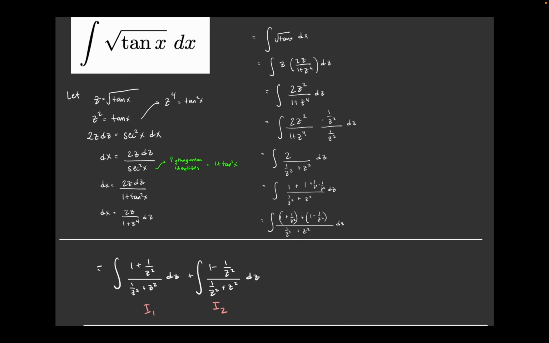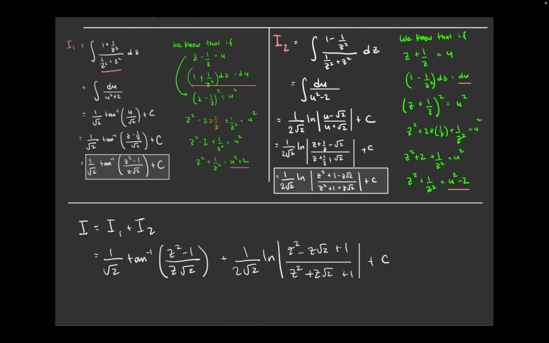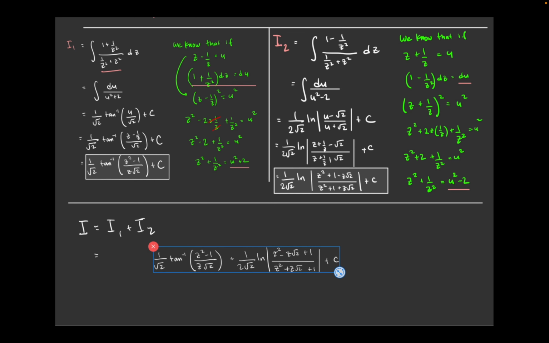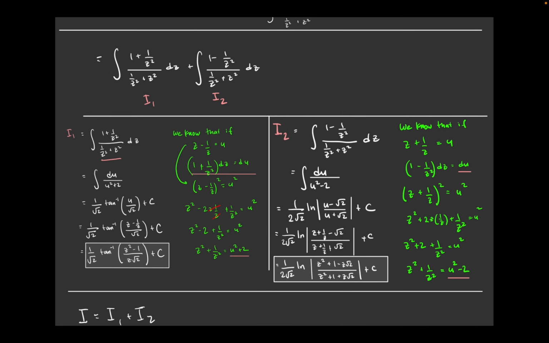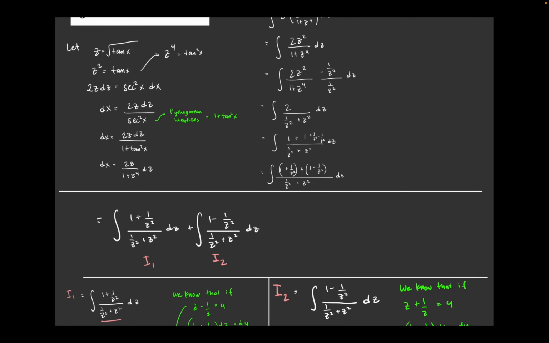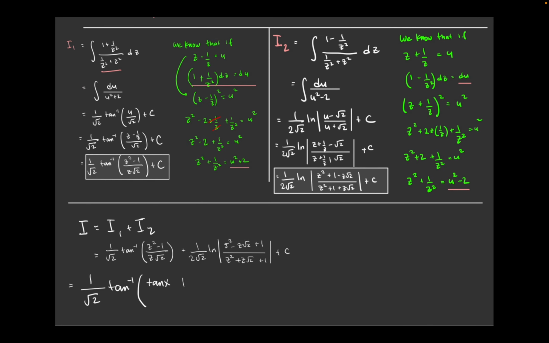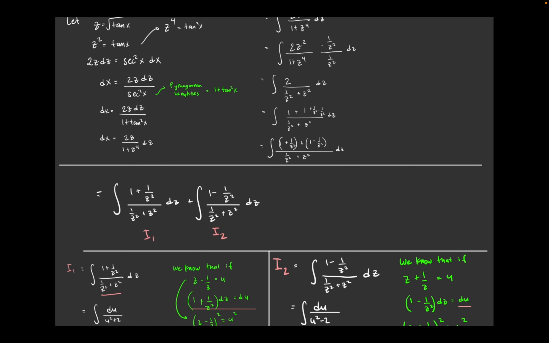No? Since z natin is square root of tan x, clearly, meron tayong form, may sagot tayo dito, which is 1 over square root of 2 arctangent of tangent of x minus 1 over, kasi z squared is tangent of x, so z is the square root of tan x, no?